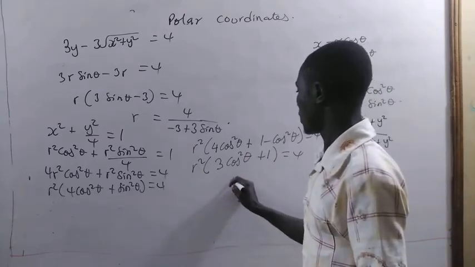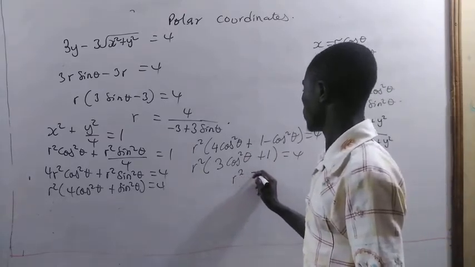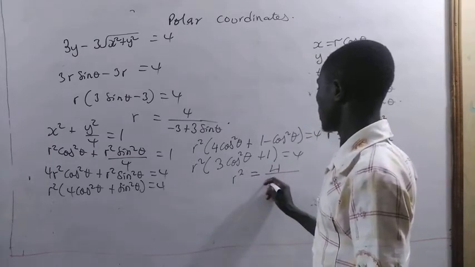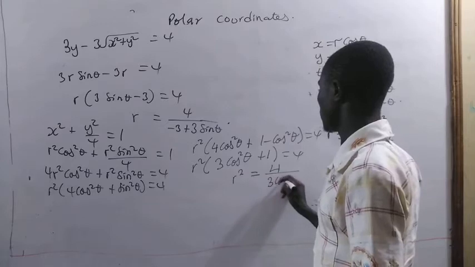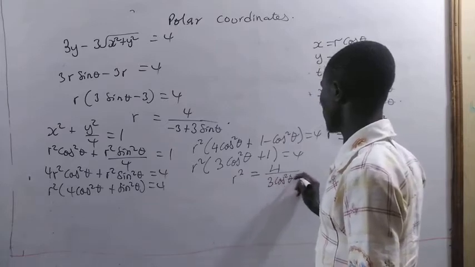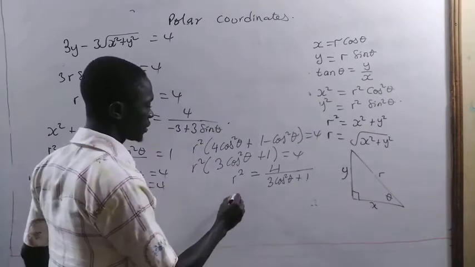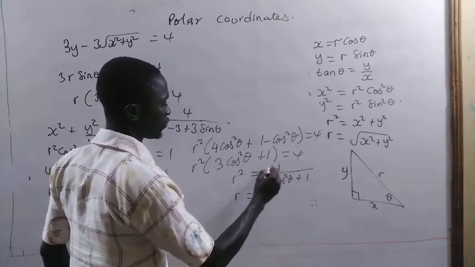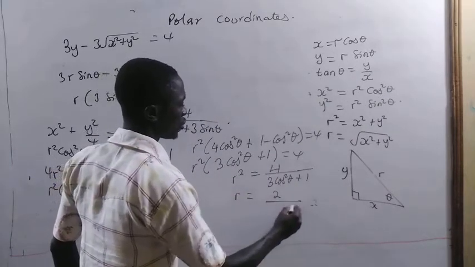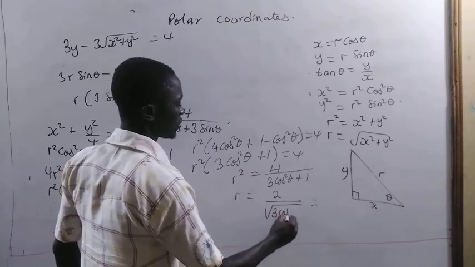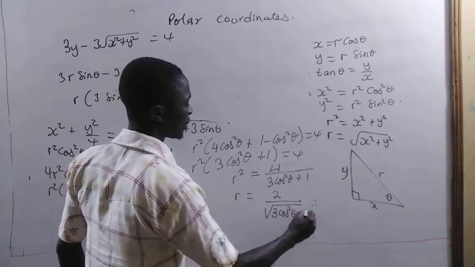Now we are going to have r squared equal to 4 divided by 3 times cosine squared of theta plus 1. So here you can take the square root and get r equal to the square root of 4, which is 2, all divided by the square root of 3 times cosine squared of theta plus 1.